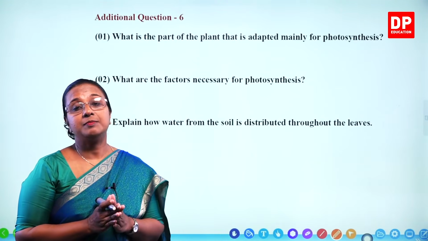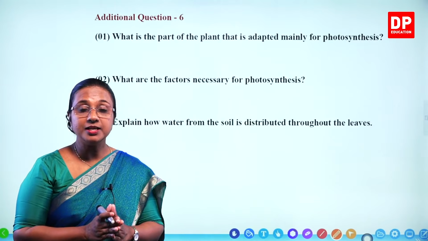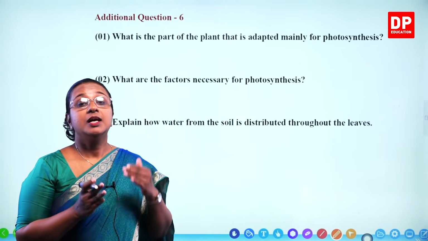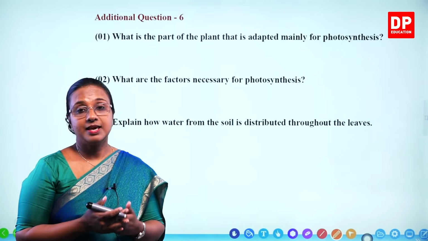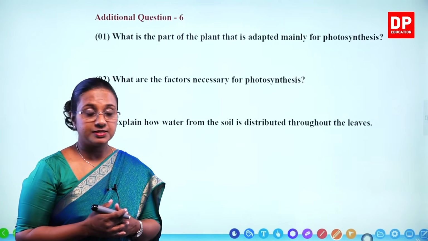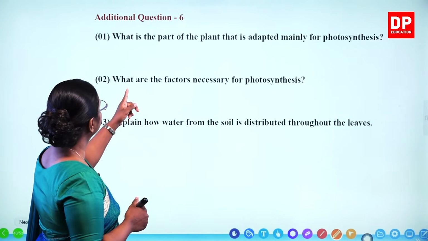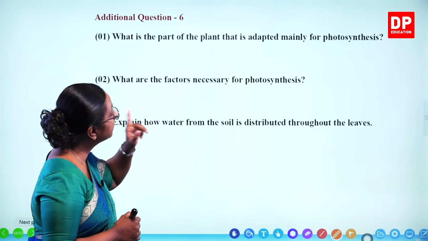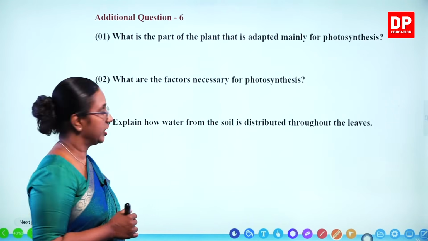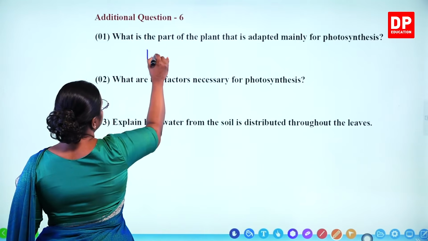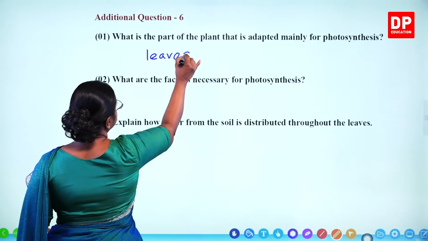And in xerophytic plants where they need to prevent loss of water, the photosynthetic stem can do photosynthesis. But here they ask you for the part that is adapted mainly for photosynthesis. Then we have to say the leaves.